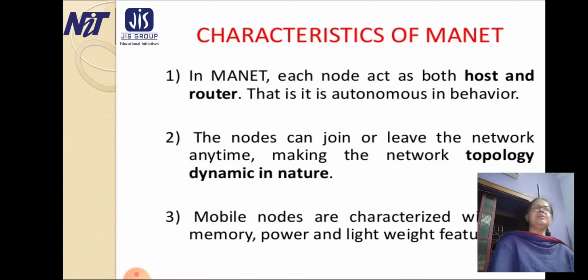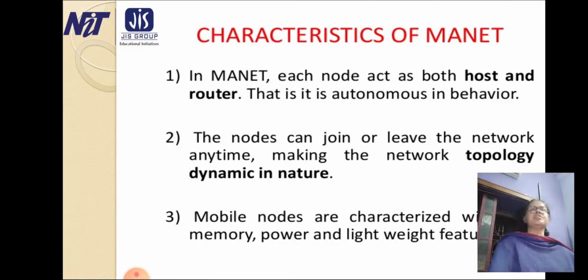It enables saving a huge amount of the cost of setting up an infrastructure, as a mobile ad hoc network can be used depending upon the pattern of communication.